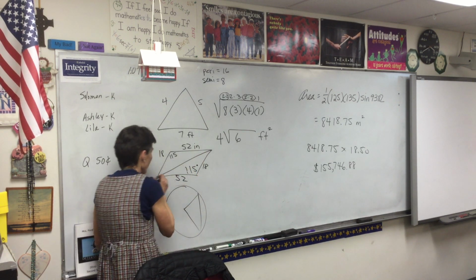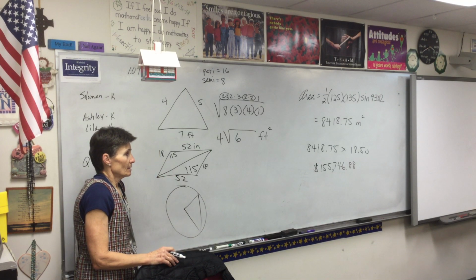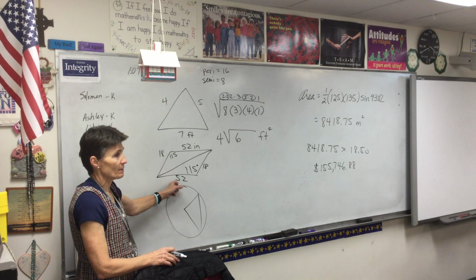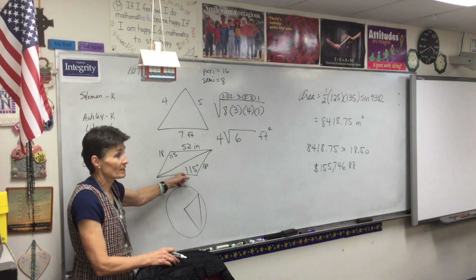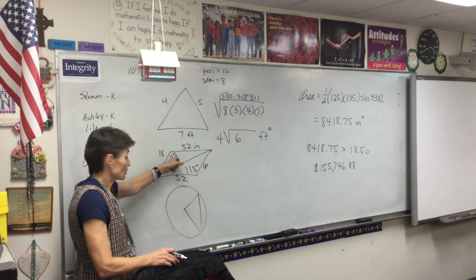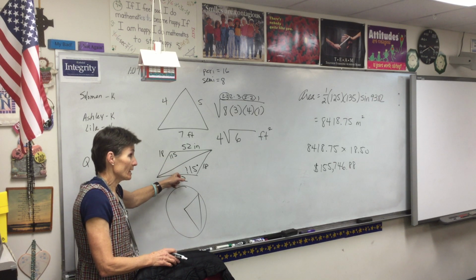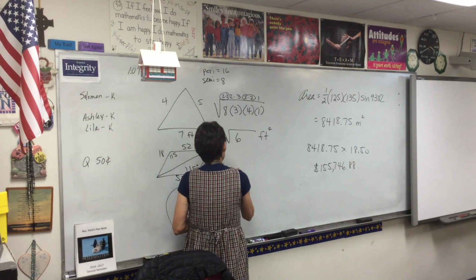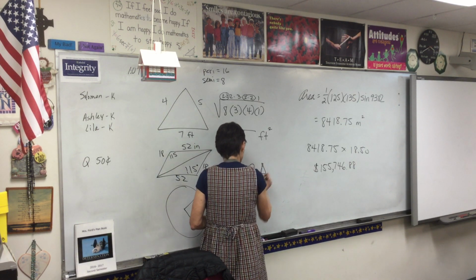So if I draw in my diagonal, then I can clearly see the area of this triangle is going to be 1/2 times 52 times 18 times sine 115. And so is that one. So I'm just going to find the area of my triangle and double it. So my area is going to be 2 times the triangle.